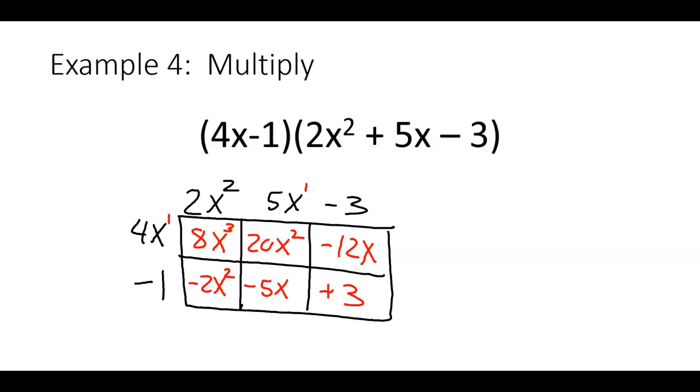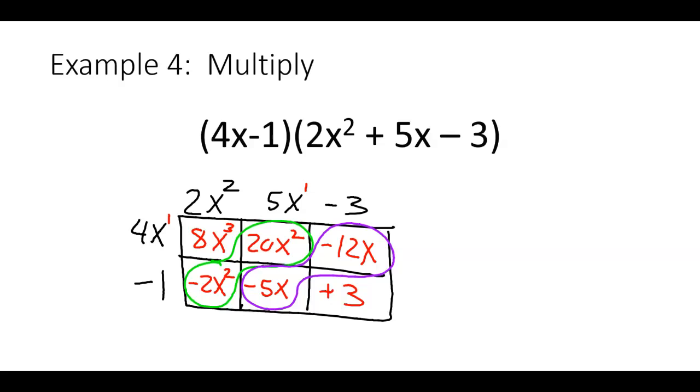Probably. There are exceptions, so you have to actually check it. But, are those like terms? Yes, they are. Are these like terms? Yes, they are. So, that's one of the benefits of the box method. It lines them up. The ones in the green there are both x squared, and the ones in the purple there are both x to the first power, so we can combine those.